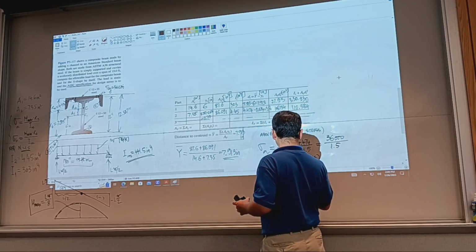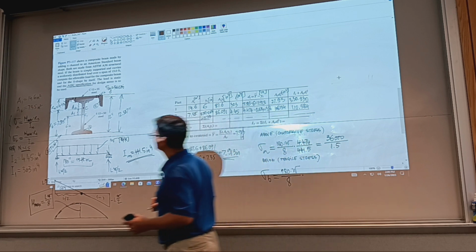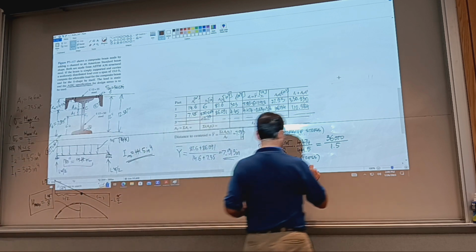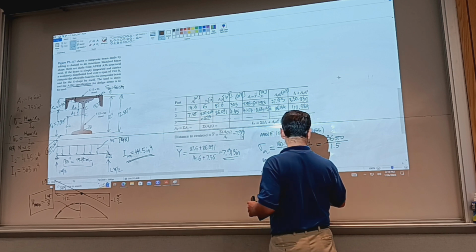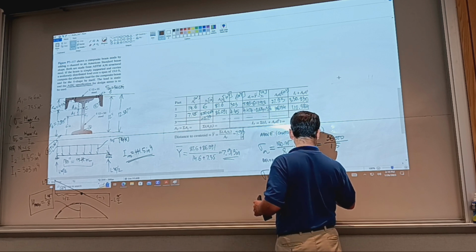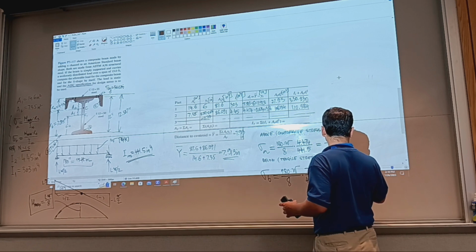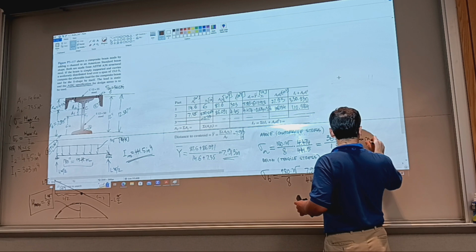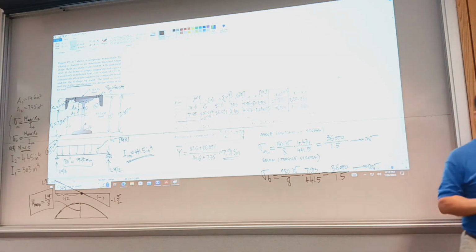Okay, and here likewise, the moment times, now we have CB, 7.913 inches, over the same area moment of inertia, 441.5, equals, at the limit, 36,000 PSI over 1.5. You solve for the two W's and you pick which one. Is it clear?